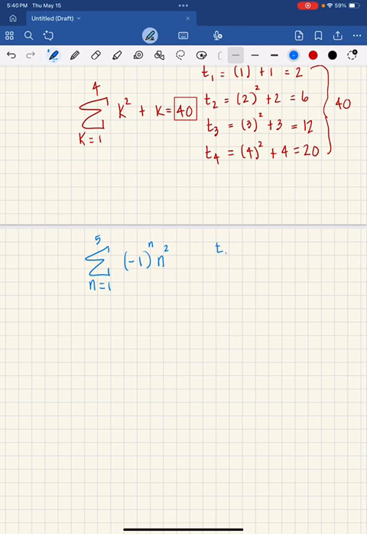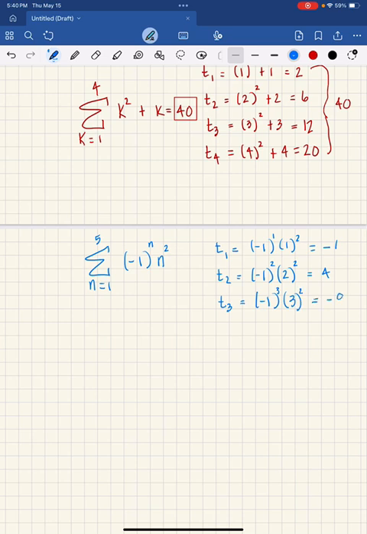When you plug in 1, that's negative 1 to the first times 1 squared, which is negative 1. When you plug in 2, that's negative 1 squared times 2 squared, which is positive 4. Notice that this sequence, the series, which is the sum of the sequence, is neither arithmetic nor geometric, but the pattern still exists.